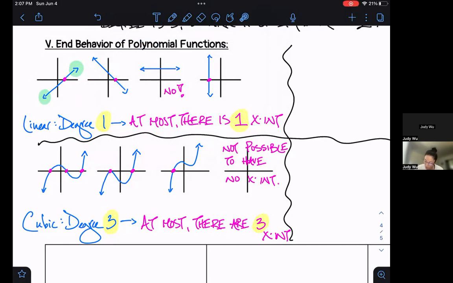Now, I actually want us to jump over to the cubic one for a moment and notice that in this first picture, I also have down, up, down, up, down, up, all right?